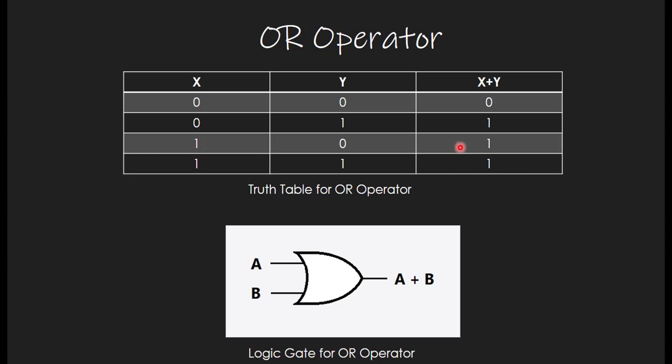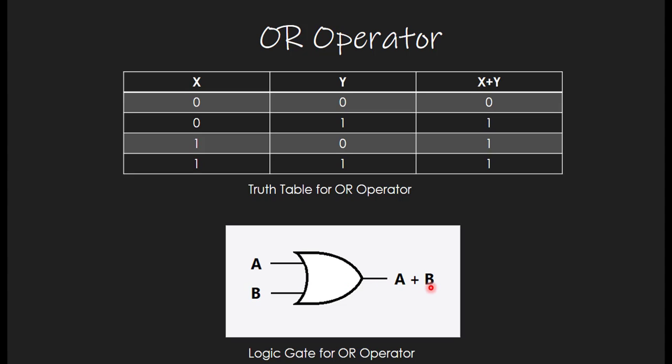So this is the table for the OR operator, and this is the logic gate for the OR operator. As you can see here, I am giving two inputs, A and B, to this logic gate, and it will give me only one output.